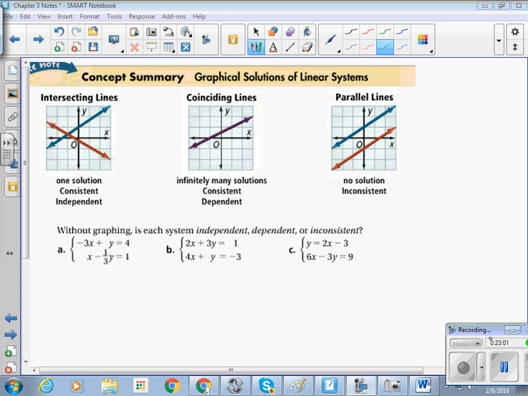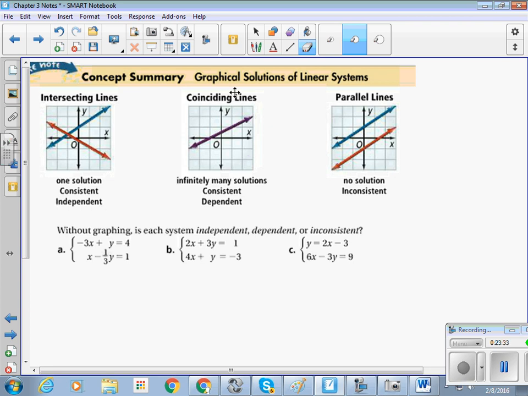Okay, so make sure you include this information in your notes. Graphical solutions of linear systems. It's important you know that when you solve an equation, whether it's using a graph, a table, or algebra, when you have one solution, this is a consistent system and an independent system.